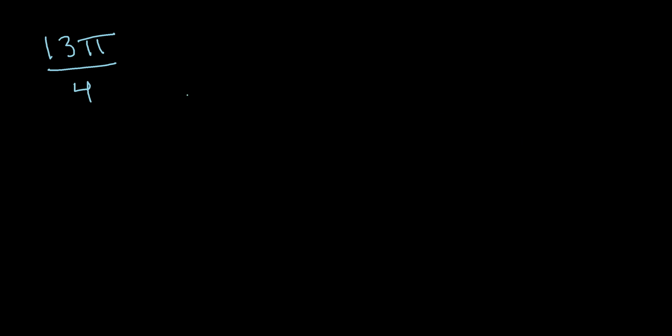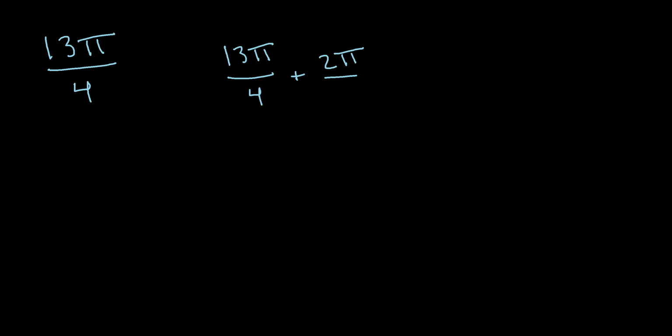Let's say we have 13 pi over 4, and we want to find angles that are coterminal to this angle. Well, once again, we just need to add or subtract any multiple of 2 pi to find a coterminal angle. So if we say 13 pi over 4, we can add 2 pi to find a coterminal angle. So let's go ahead and do that.